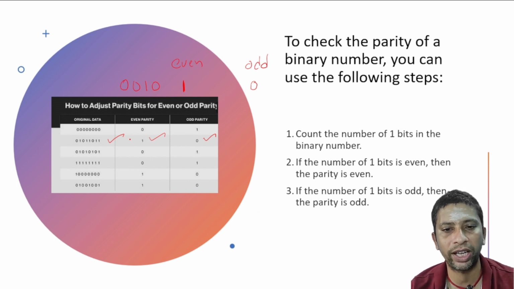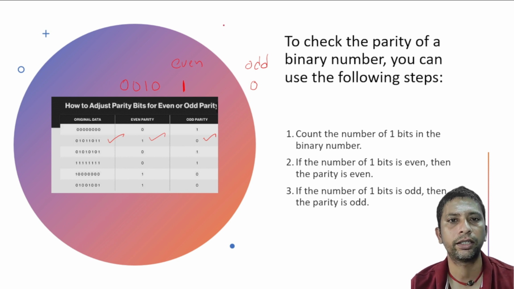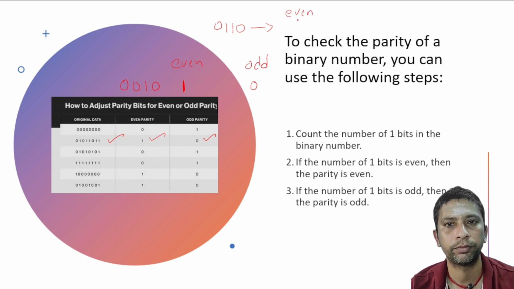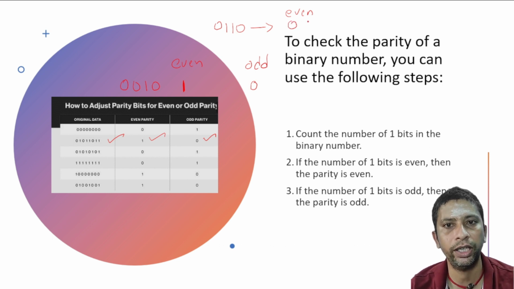I will go with one more example of even parity and odd parity, that is 0, 1, 1, 0. If I am going for even parity, I'll be counting the number of ones in this case, right? 1, 1. So it is an even number of 1s. So I'll be giving the even parity value to be 0.